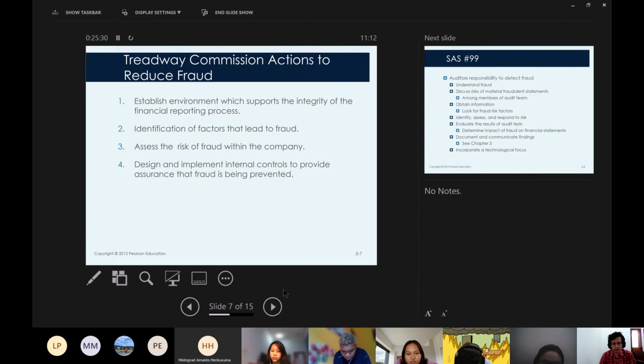Andersen was paid $1 million per week to be Enron's auditor, and they just looked the other way when Enron executives or directors manipulated the financial report.